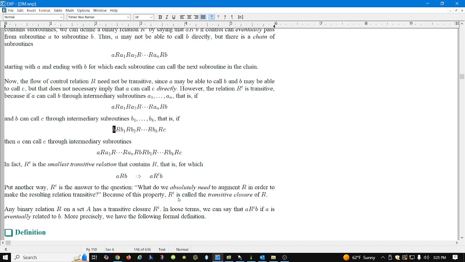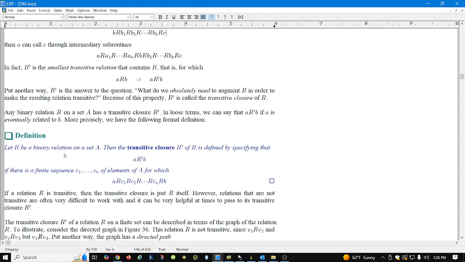So, in fact, the transitive closure could be defined as the intersection of all the transitive relations that contain R, because the intersection of transitive relations is transitive. That tells us that the transitive closure exists without telling us how to construct it. This tells us how to construct it, but it's not so easy to do.